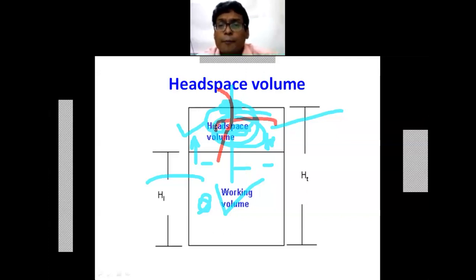That depends on the pressure of the vapors in the head space, which may result in frequent leakages.